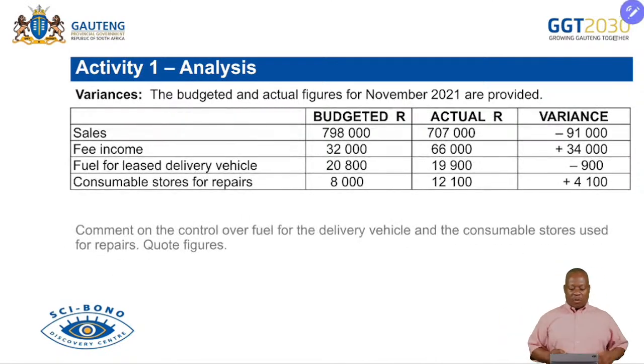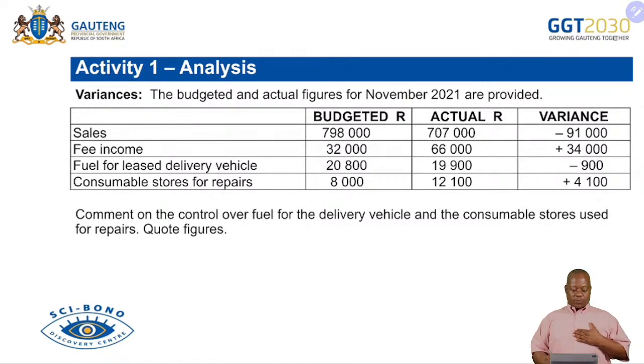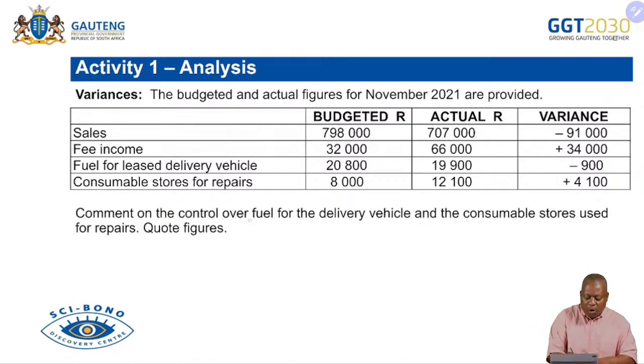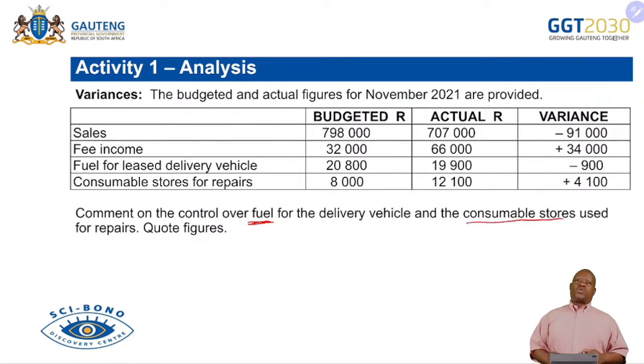Okay, now what are they saying we should do? Comment on the control over fuel for the delivery vehicle and consumable stores used. So we are commenting on fuel and consumable stores. And please check here, they said and. They didn't say or.